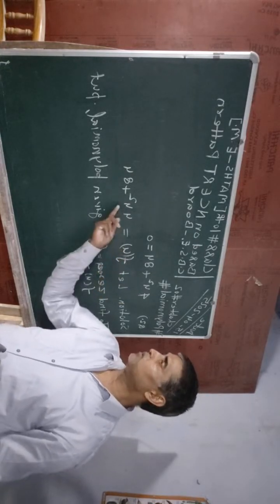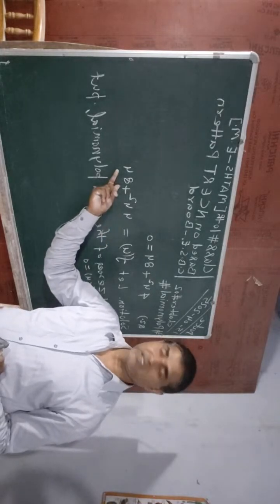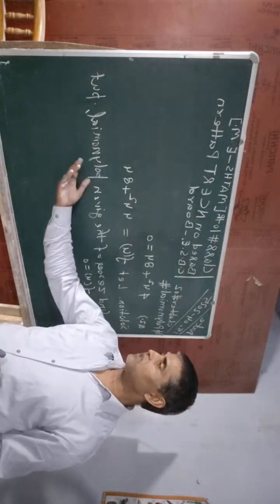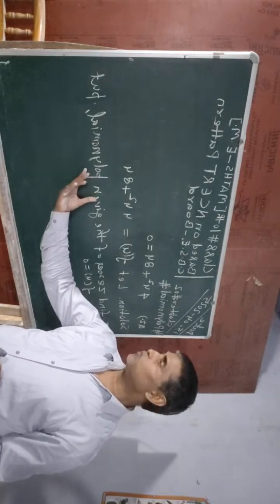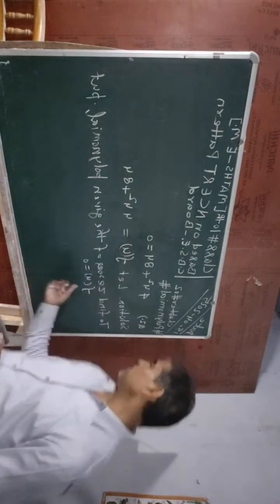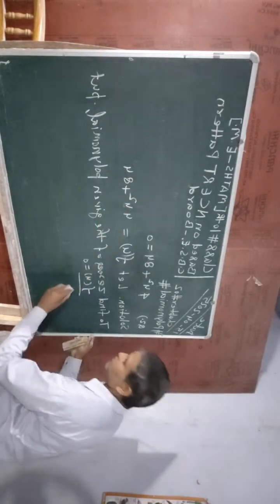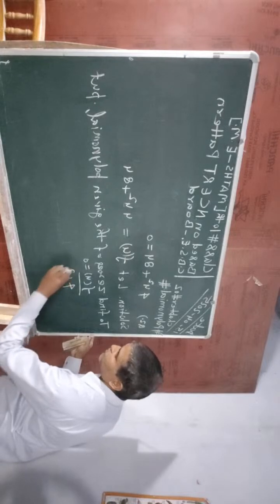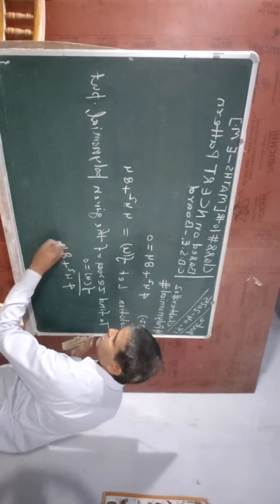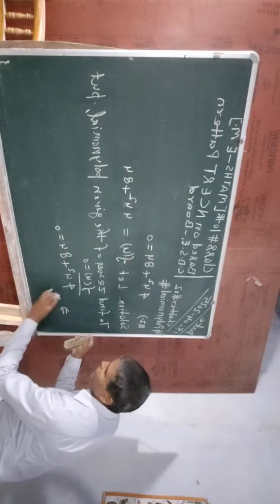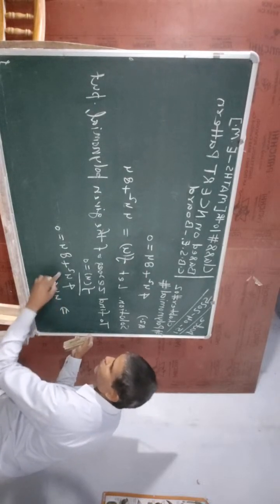f of u is equal to 4u square plus 8u. Now you have to write, if we have to get the zeros of the given polynomial, then I will say put f of u is equal to 0. In the place of f of u, I will put this value. So 4u square plus 8u is equal to 0. Now here I am going to take 4u common, because here we can take 4u.